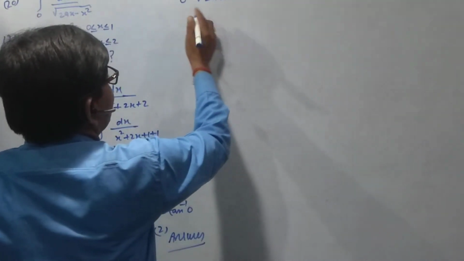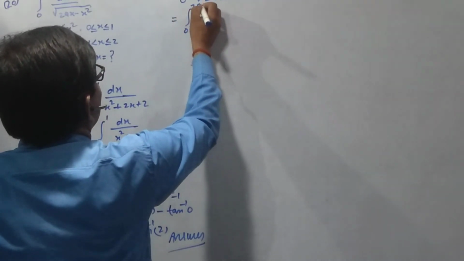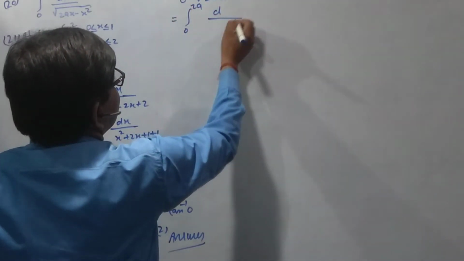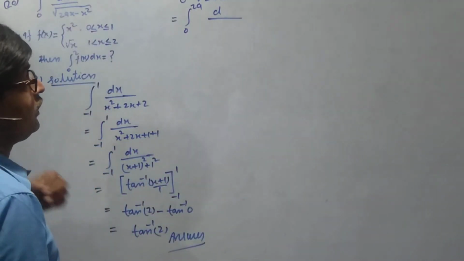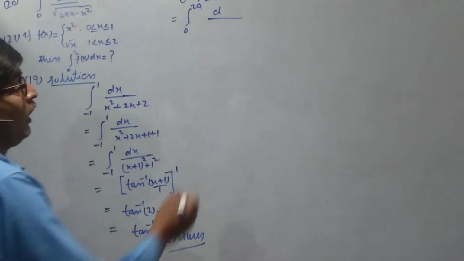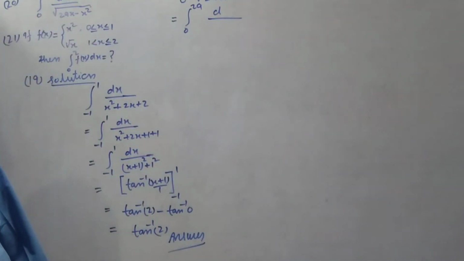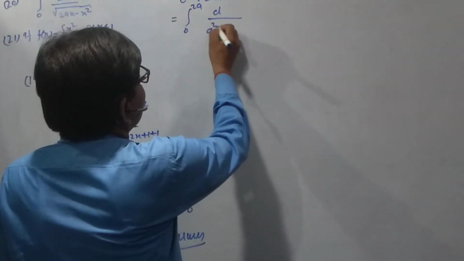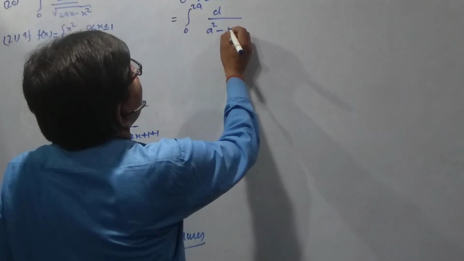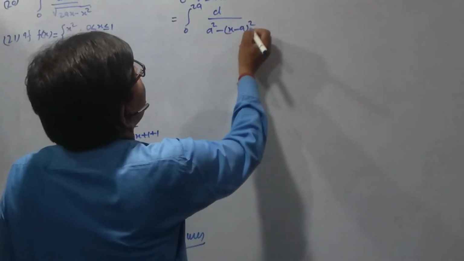So we arrange it as the integral from 0 to 2a of dx divided by root of a square minus (x minus a) whole square.